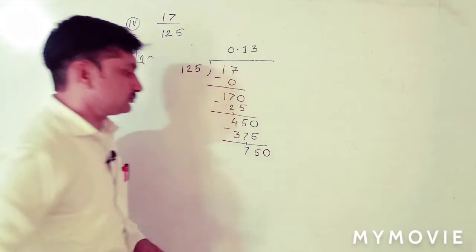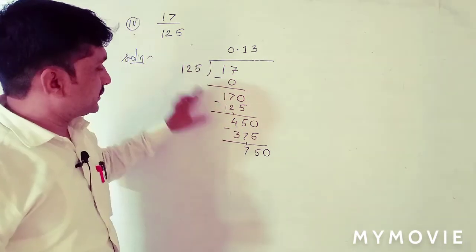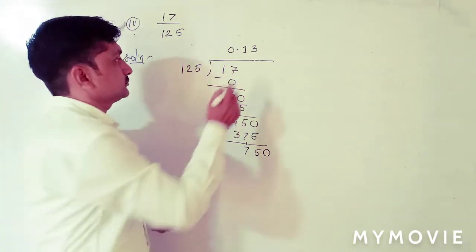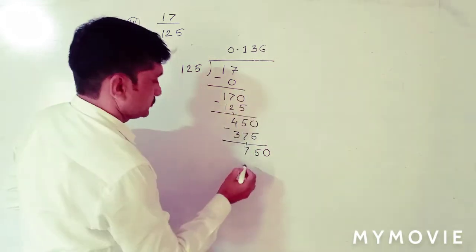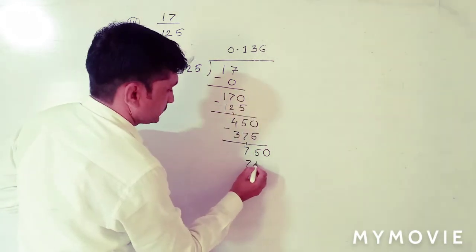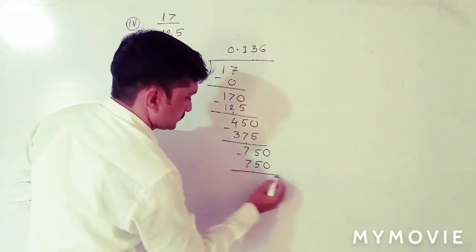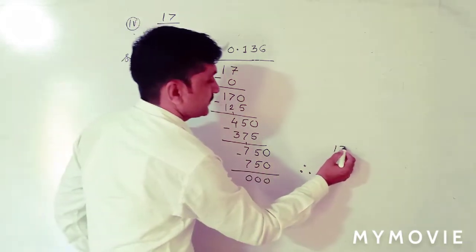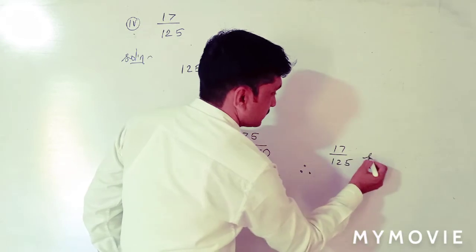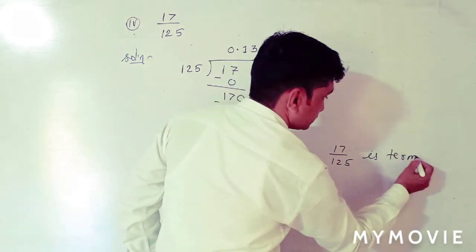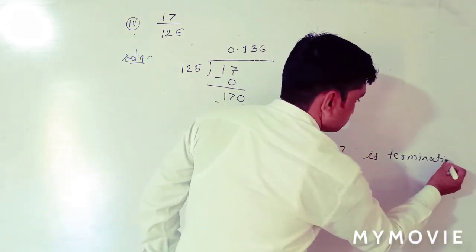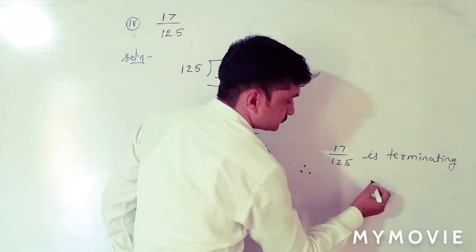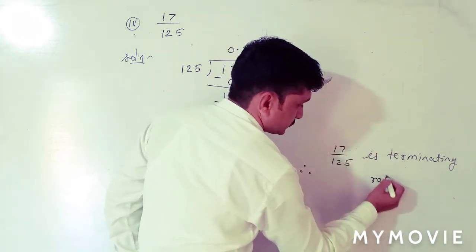One more 0, 750. 125 6s are 750. Remainder 0. That's why this is terminating. 17/125 is a terminating rational number.